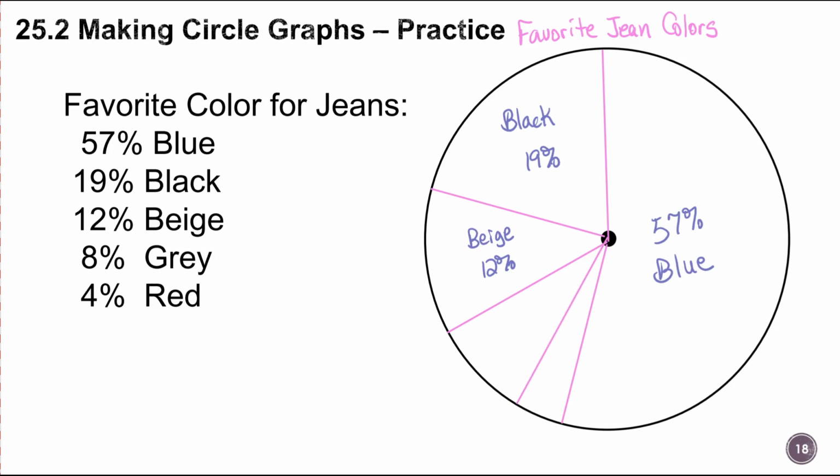So gray is 8%. I can see I kind of did this different here. I'm going to fix that. And put blue, 57%. And then last is red. Red's one of my favorite colors, but not necessarily for jeans.